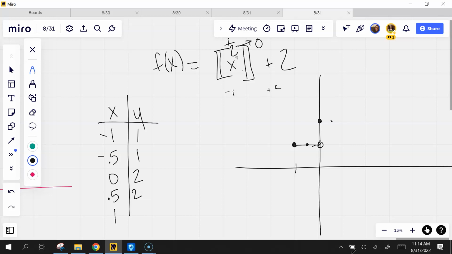It always rounds down. And in fact, all the way over until I hit 1, because at 1, what is my y value? 3. This is where it jumps. Now I think I have enough to pick up the pattern. This would continue in the same manner.